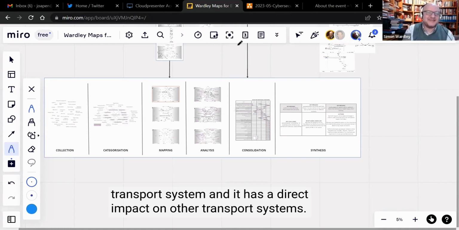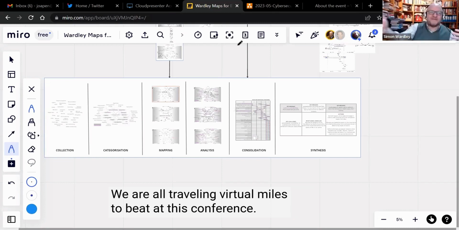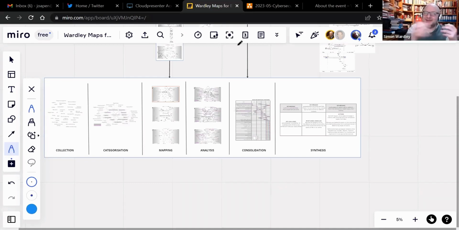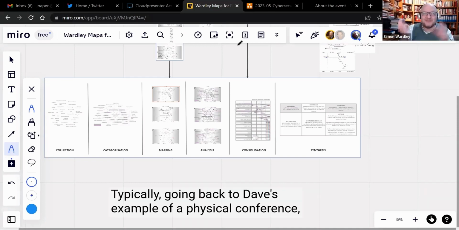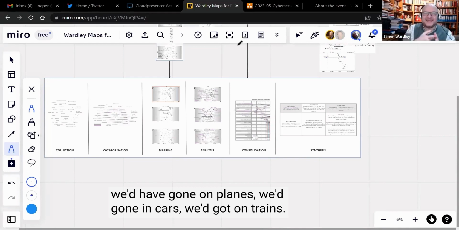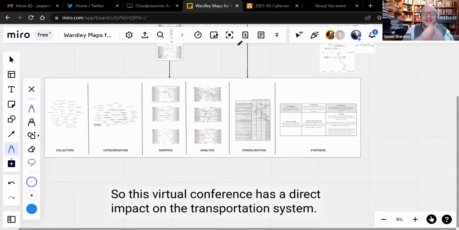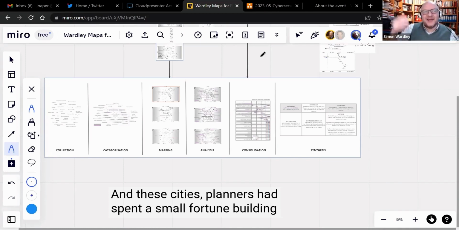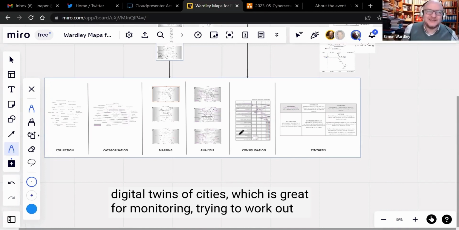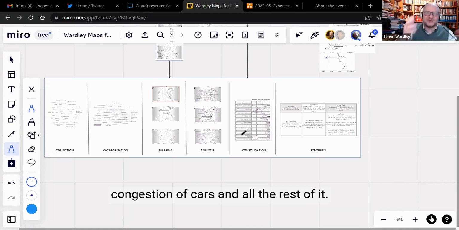And it has a direct impact on other transport systems. We're all traveling virtual miles to be at this conference. Typically, going back to Dave's example of a physical conference, we'd have got on planes, in cars, on trains. So this virtual conference has a direct impact on the transportation system. And these city planners had spent a small fortune building digital twins of cities, which is great for monitoring, trying to work out congestion of cars and all the rest of it.